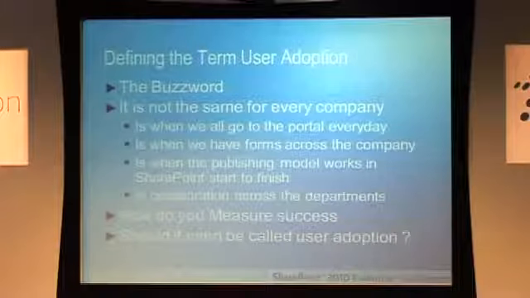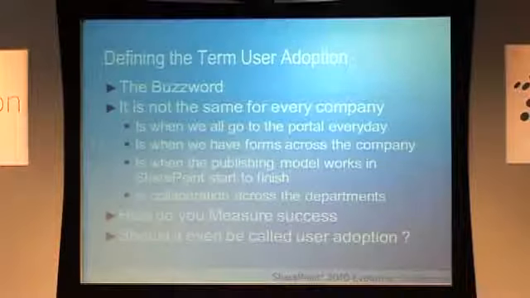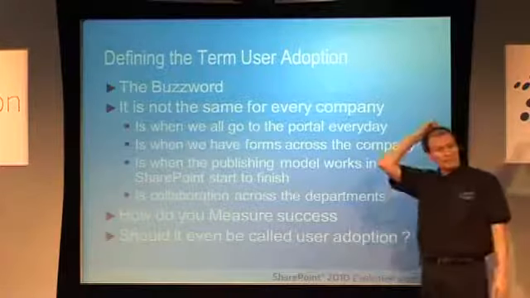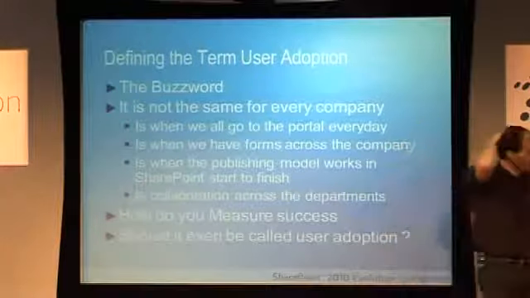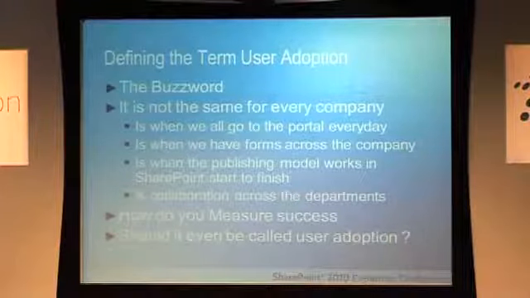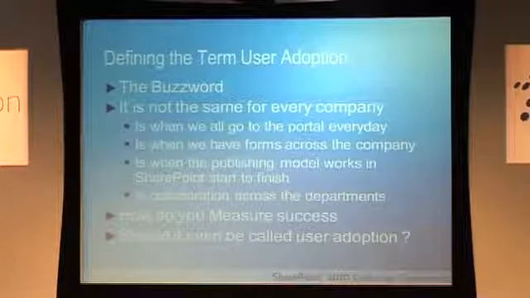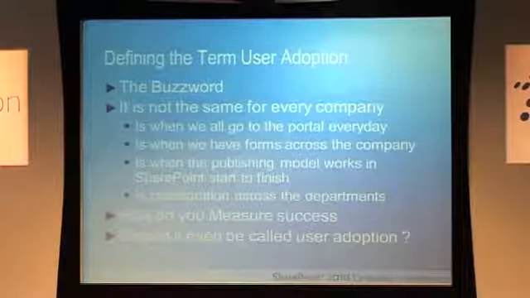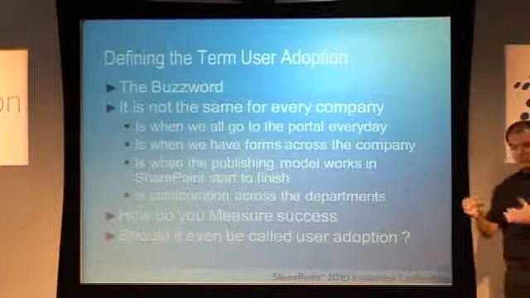I've got another example, which is when the publishing model works in SharePoint, start to finish. So this is my concept, and I use the BBC as a good example of this. Imagine somebody in the BBC, or a council for that matter. Anybody here in the public sector? Okay, so imagine in the public sector as well, like a council.